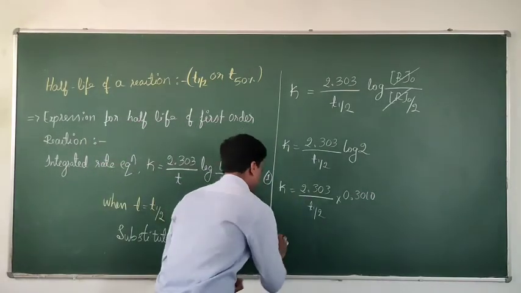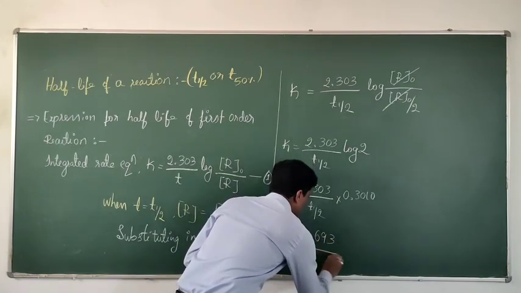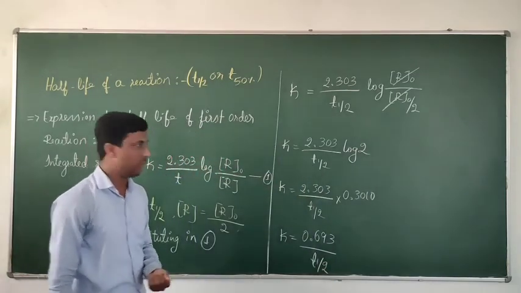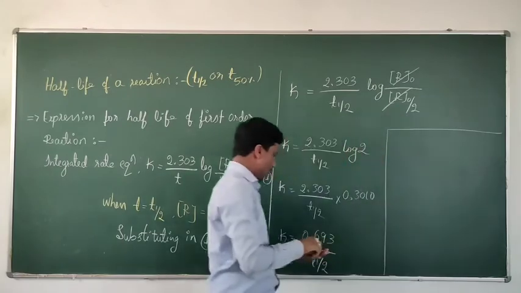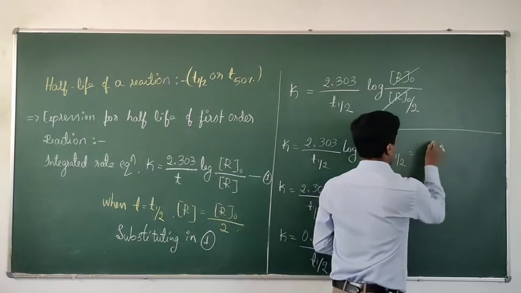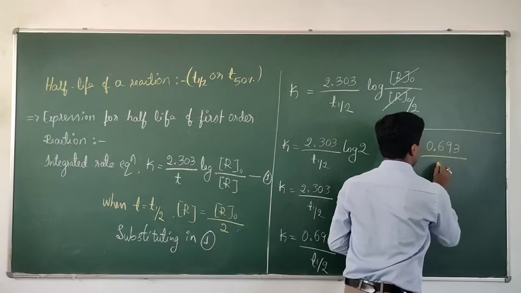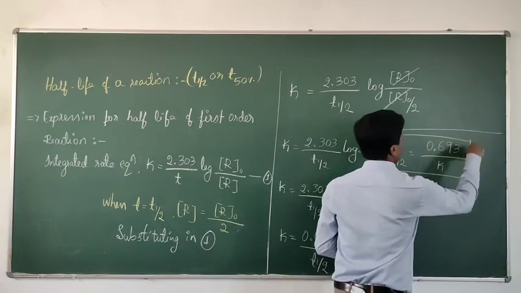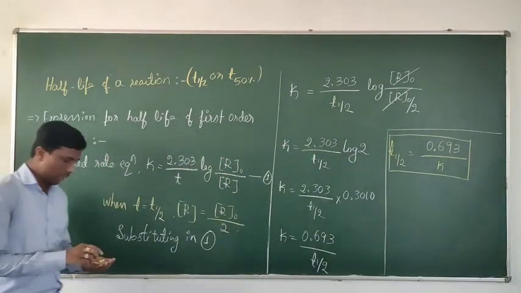Multiplying these two, what do you get? k is equal to 0.693 divided by t half. And finally, we will have t half is equal to 0.693 divided by k. It is the equation for t half for the first order reaction.